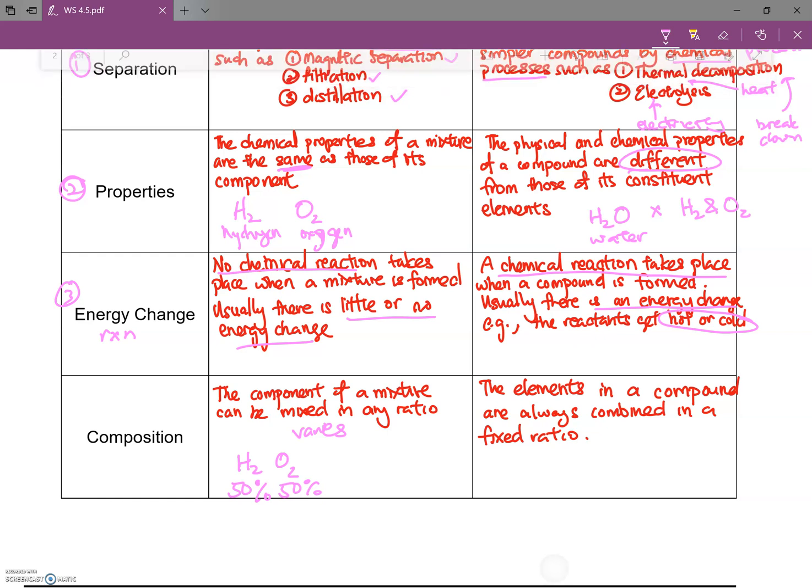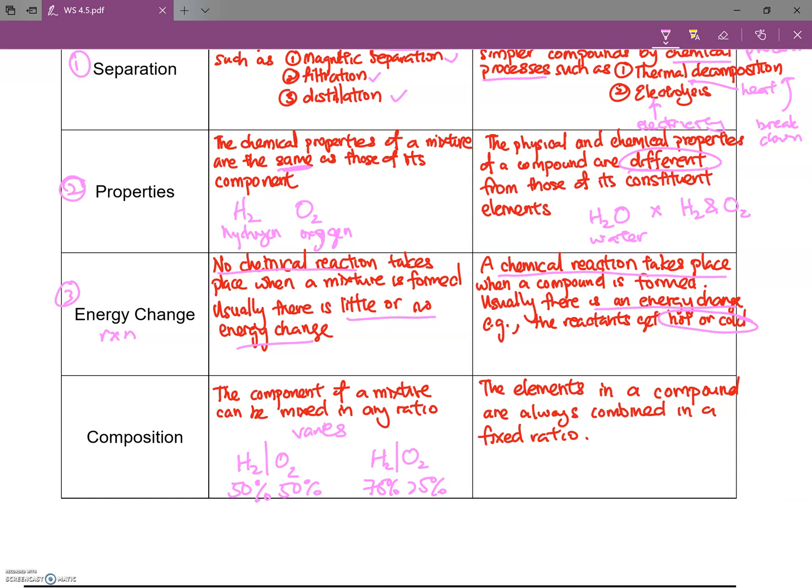I can also put, still H2 and O2, maybe 75% of this, 25% of this. This is still a mixture of H2 and O2. So the components of a mixture can be mixed in any ratio, any percentage.